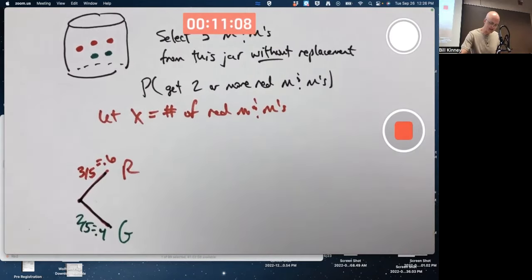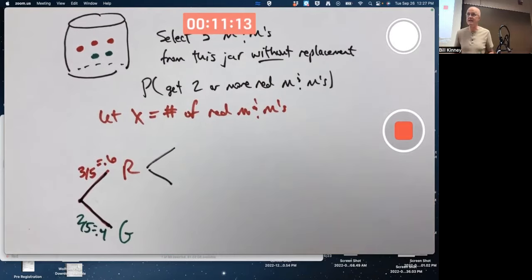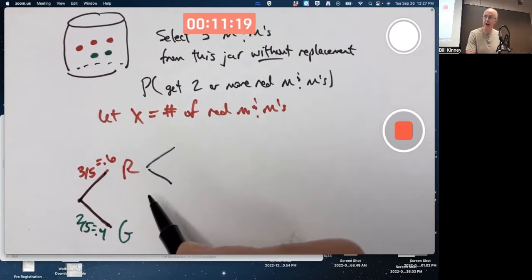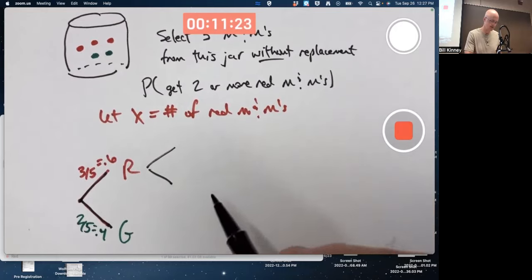But then with the second selection, you got to think in terms of conditional probabilities because it's without replacement. The probability of success, red, in either situation changes.